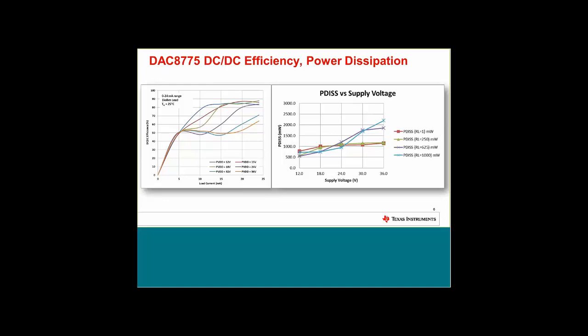On the other side of the slide, you see power dissipation versus supply voltage for different load conditions. So at the 12-volt mark on the x-axis, you can see power dissipation for loads from 1 ohm up to 1 kilo ohm, which is the conventional span that we're targeting for these PLC analog output modules. And the figure of merit there is that you can see that we're below this 1 watt target for power dissipation.